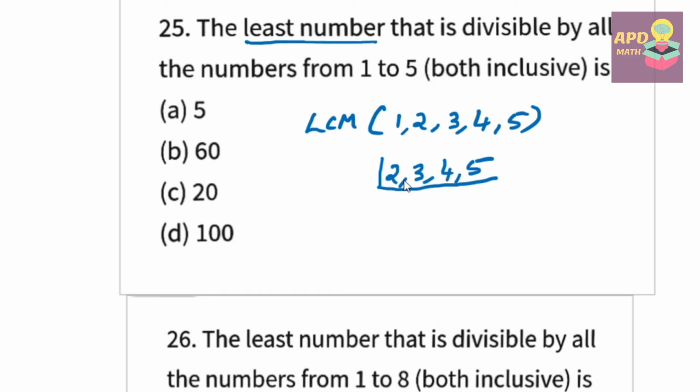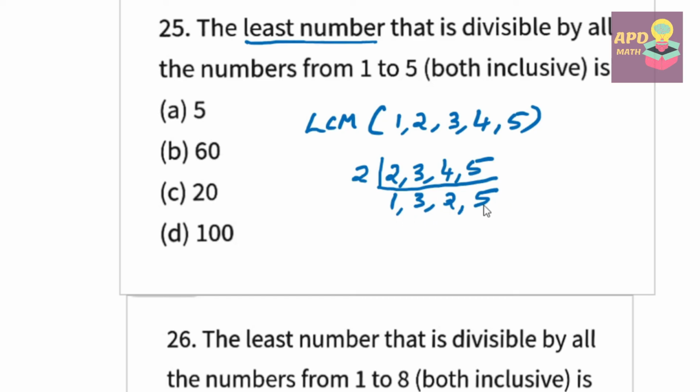First, 2 and 4 are both divisible by 2, so we divide with 2: we get 1, 3, 2 and 5. Now 1, 3, 2, 5 have no common divisor.